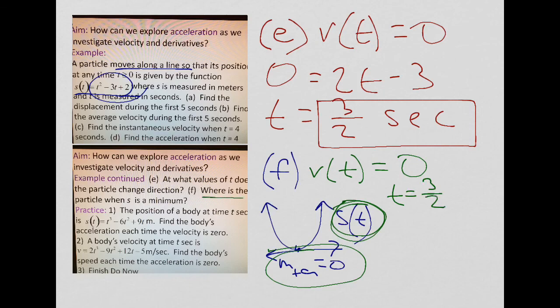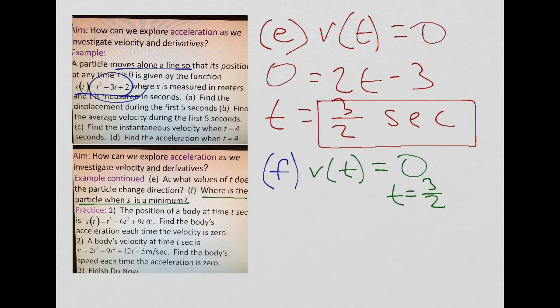So where is the particle when s is the minimum is, well, what s is. So we're going to take the function of s. Let me actually clear this out so I have space to do it. And we're going to plug in 3/2, or 1.5, into our function and figure out where that is occurring.